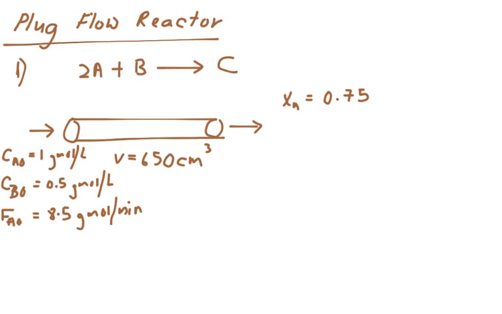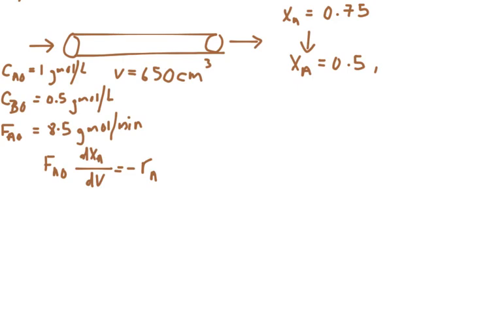The desired conversion is to reduce the conversion to 0.5 and they want to find out what would be the new flow rate. So, using the basic mass balance equation, given as FA naught dXA over dV equals the negative of the reaction rate.